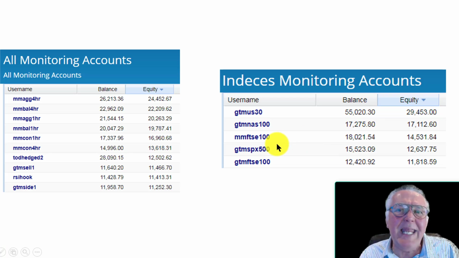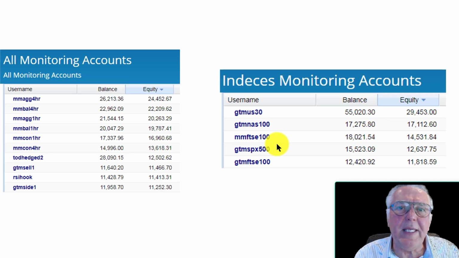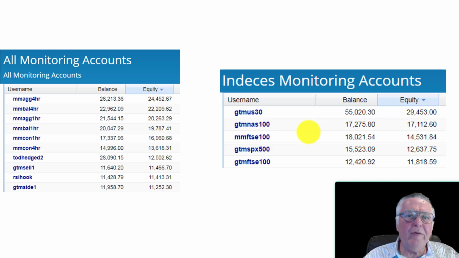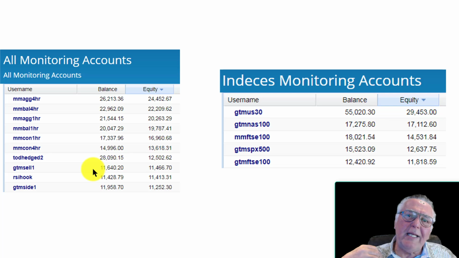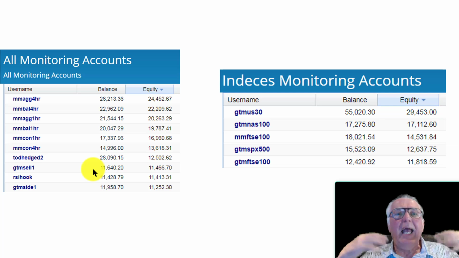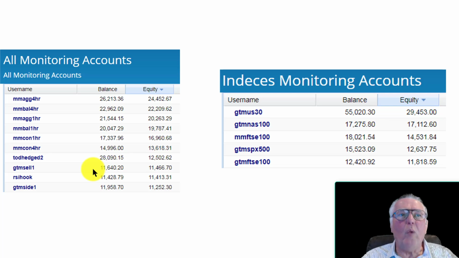So obviously indexes are good for the GTM and Forex is good for the Make Money. And the reverse also applies. If you look at the Make Money results here, they are not as good as the Forex results. So suddenly I know which EAs to use for indexes and which EAs to use for currencies, and which settings I need to use, and all that type of thing.